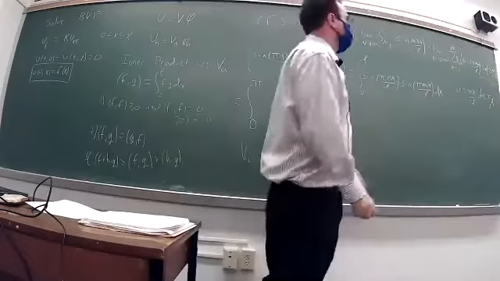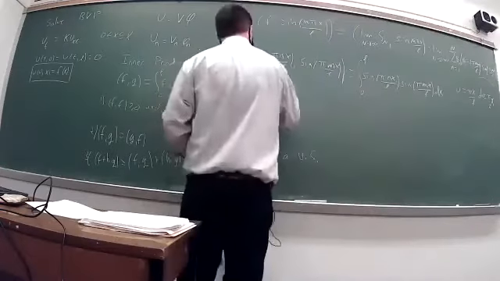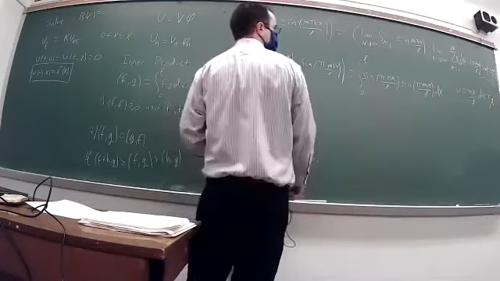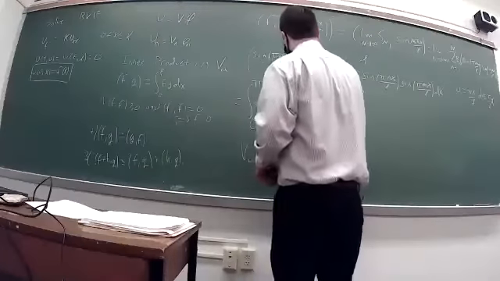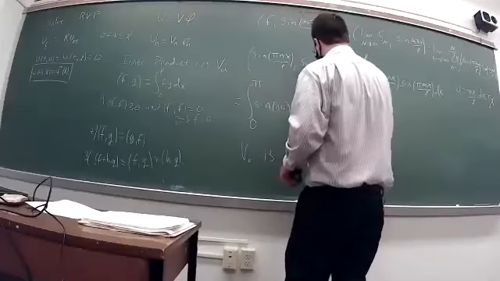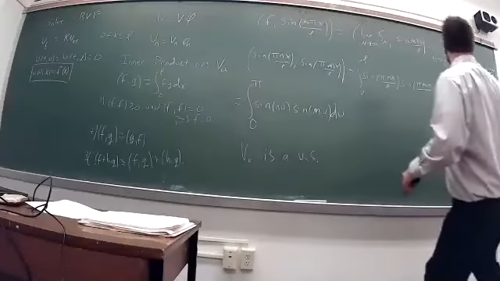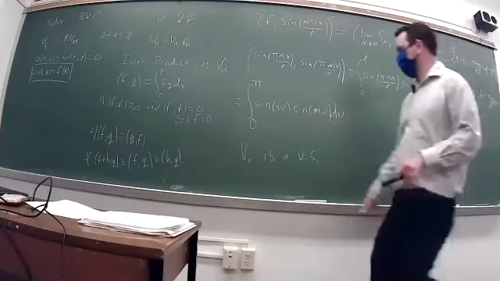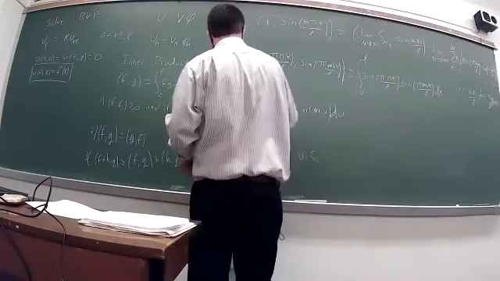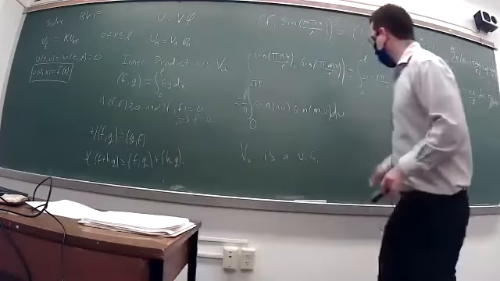X goes from 0 to L, so u goes from 0 to pi of sine of n times u times sine m times u du. And what's the constant? So du is pi over L times dx, and therefore dx is L over pi du. So I get L over pi.